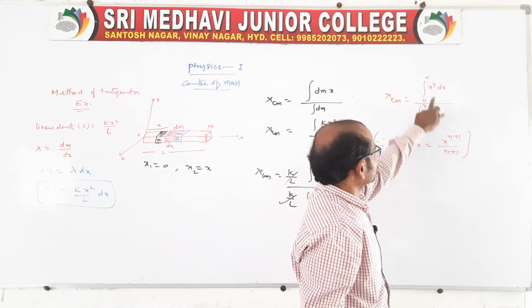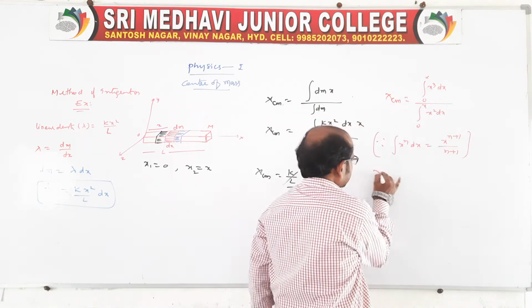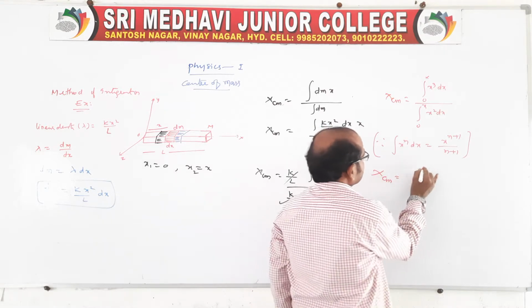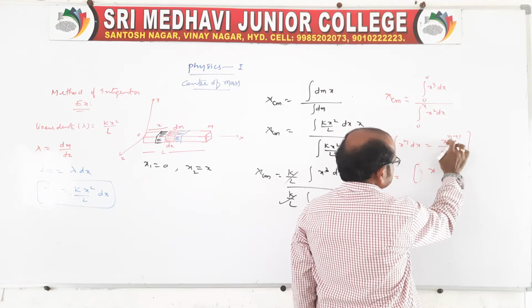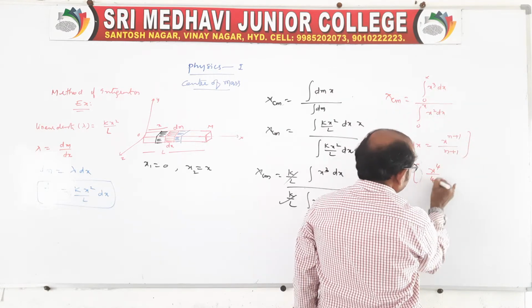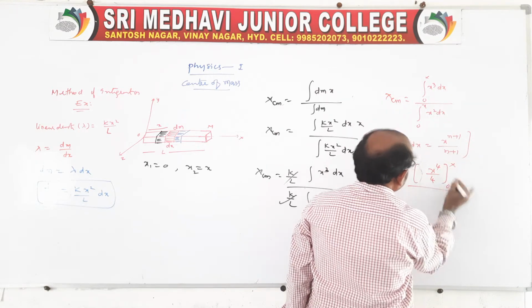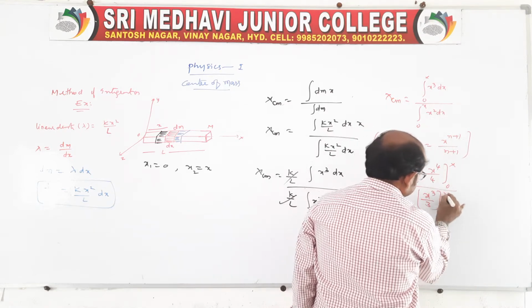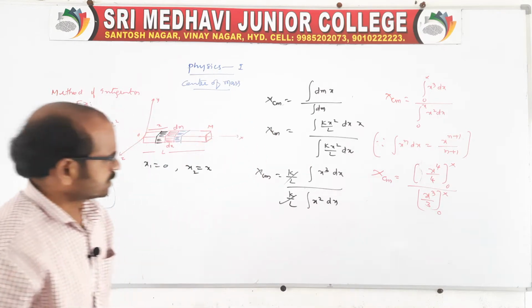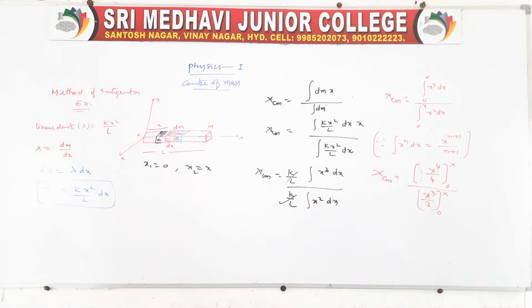So here, instead of n, it is 3, so xcm is equal to x to the 4 by 4 from 0 to x, and in the denominator, 2 is there, so x cube by 3 from 0 to x. Clear? It will be given like this.